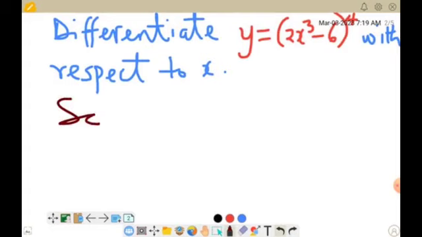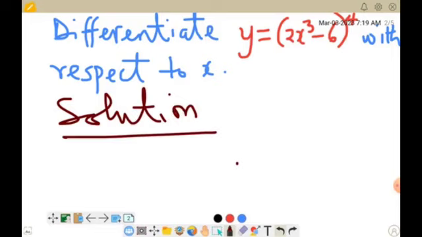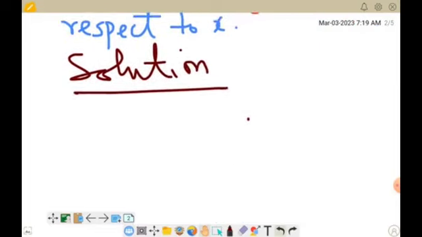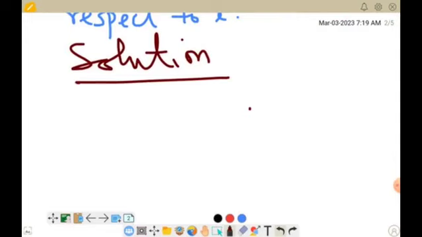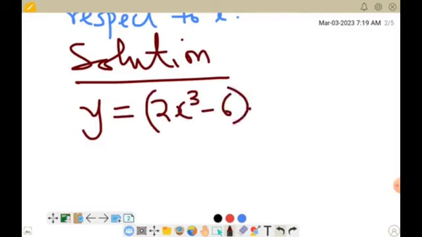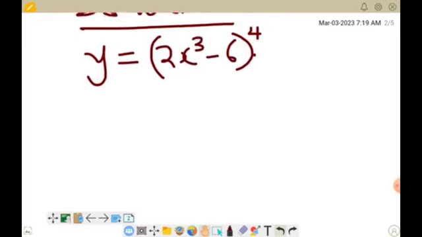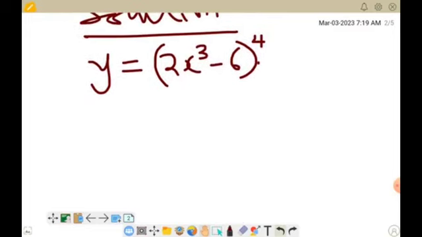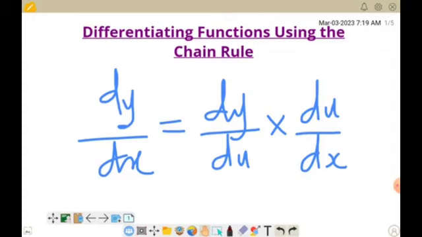First, we write solution, and then we write the function given, which is y equals (2x to the power of 3 minus 6) all raised to the power of 4.